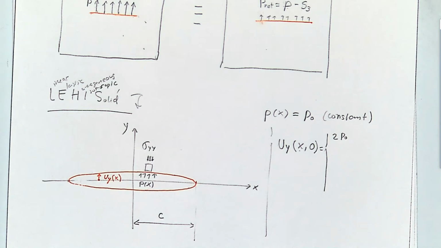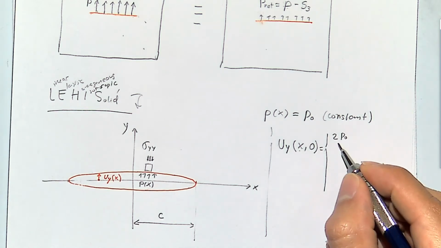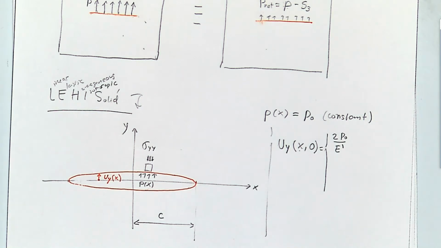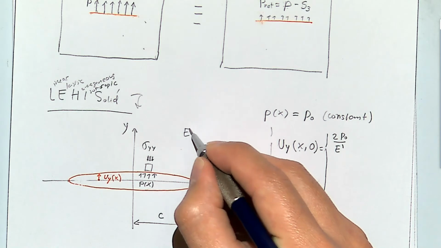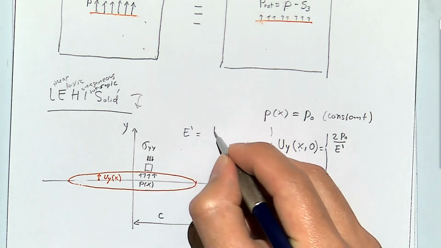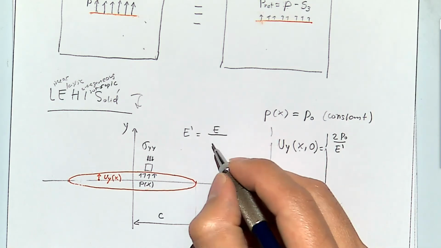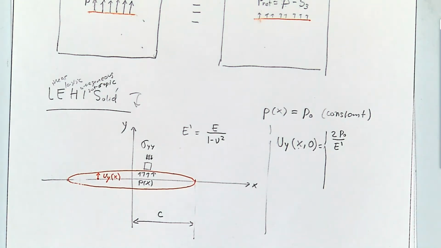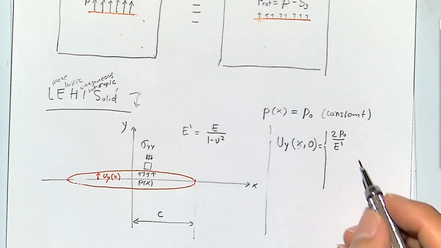So the higher the pressure, the bigger the displacement. Makes sense. Inversely proportional to something which is called the plane strain modulus, which is a function of the Young modulus and the Poisson ratio. Let me continue. I'll explain a bit about this plane strain modulus in a bit.